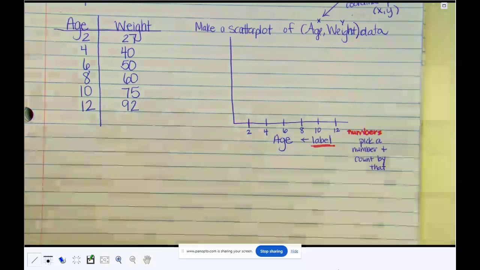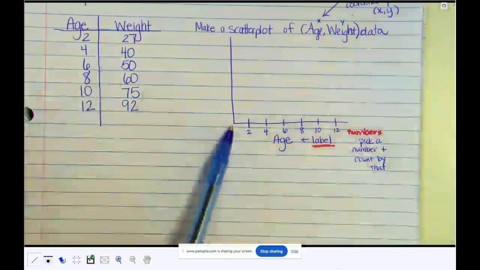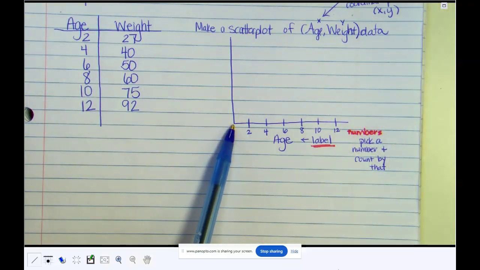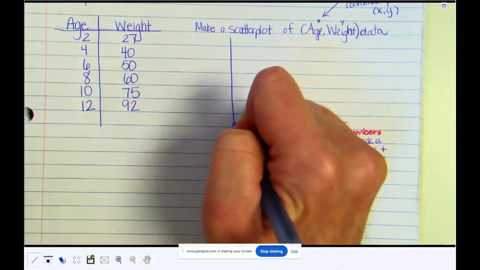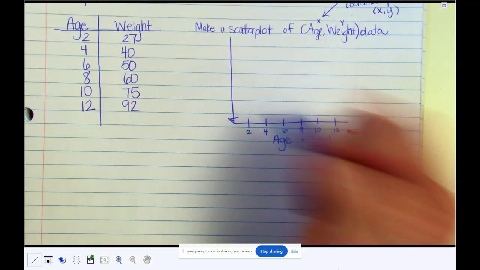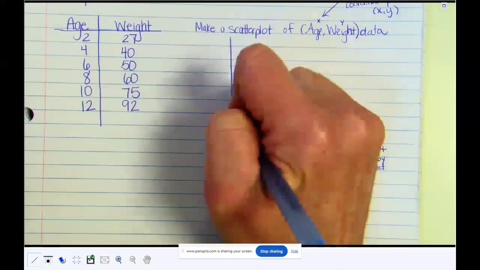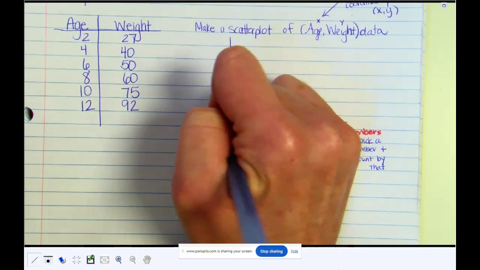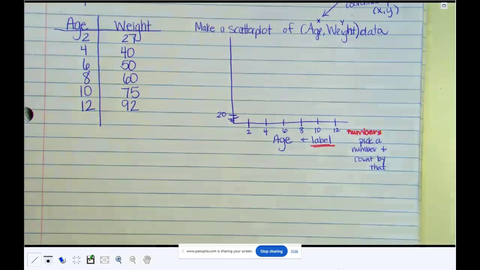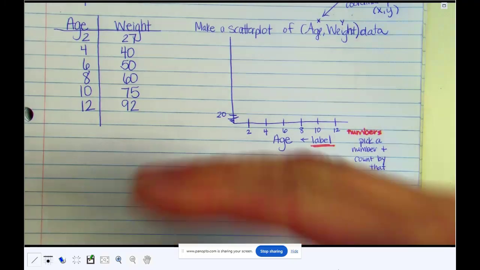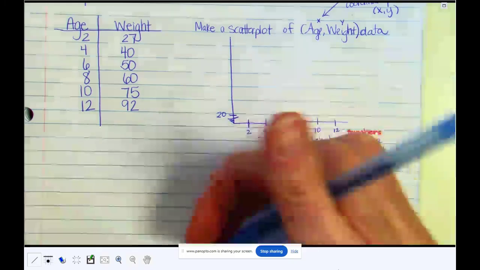Do you have to start numbering at 0? No. You can put the little squiggle, I never make these well. Mine always look like teeth, but there you go. Let's start at 20. But remember, 0 is at the origin, and so you got to go up.